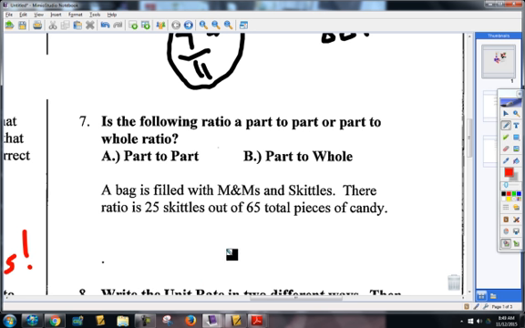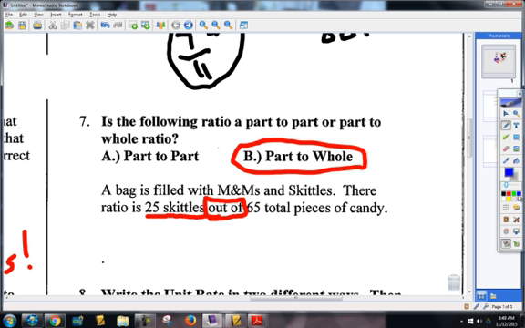Okay, listen. Alright. So for number 7, I didn't write it on this test, but I wrote it on the other test. That's fine. Okay. So this one, it says 25 Skittles out of, that's always a good indicator, right? That's going to be a part to whole. And you can use out of, it does help. I mean, that will be a part to whole.